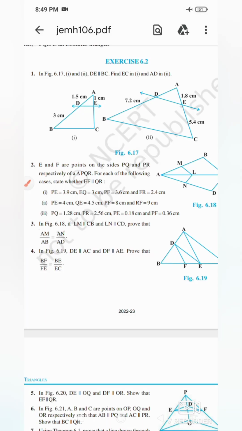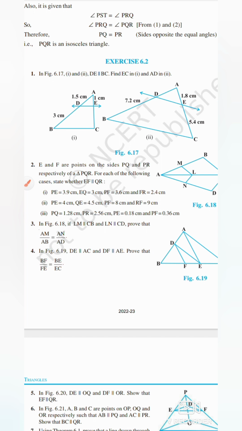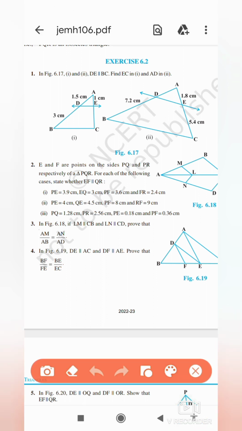In question number 1, in 6.17, I am given a triangle ABC, and DE is parallel to BC.